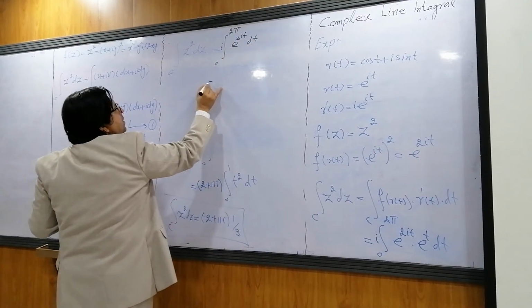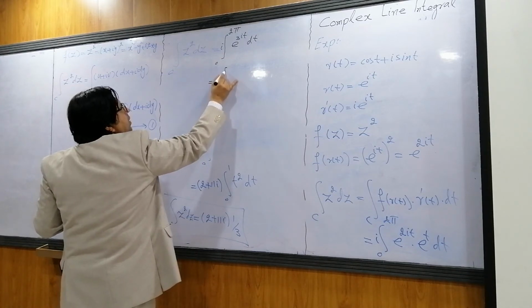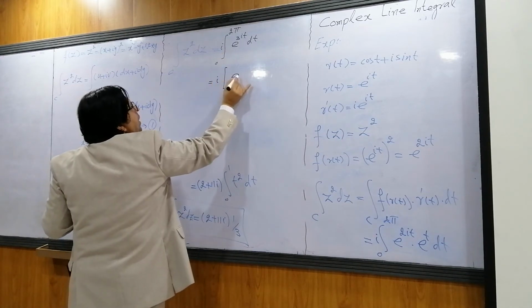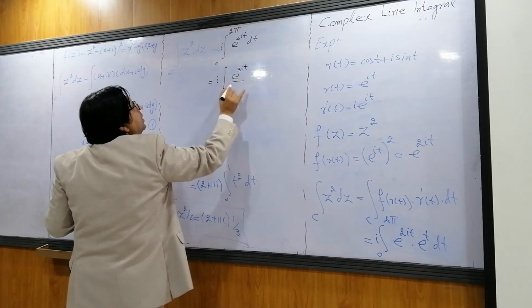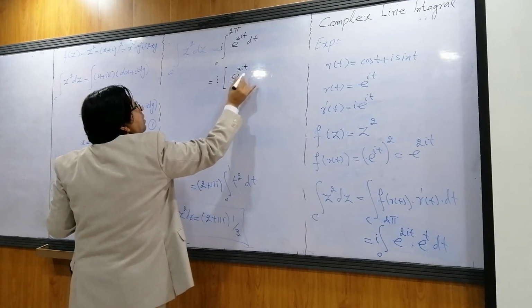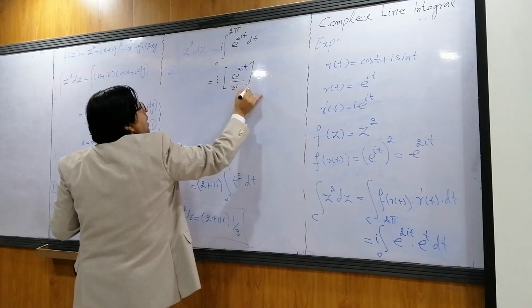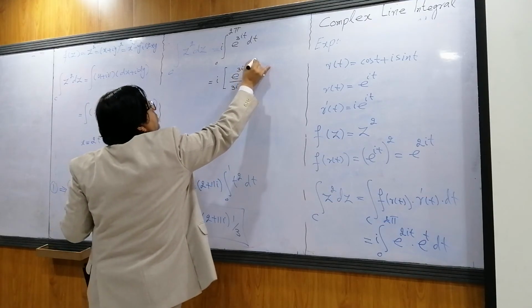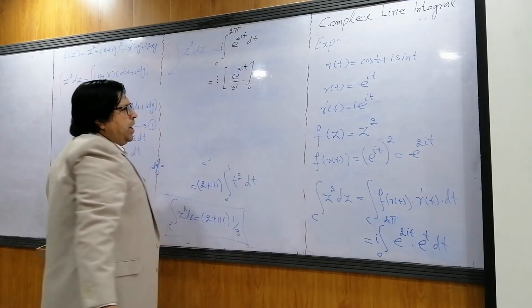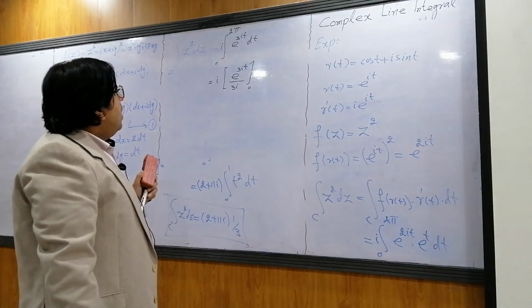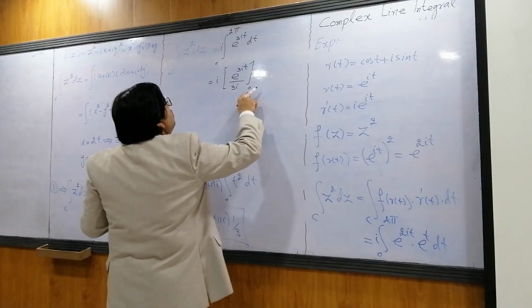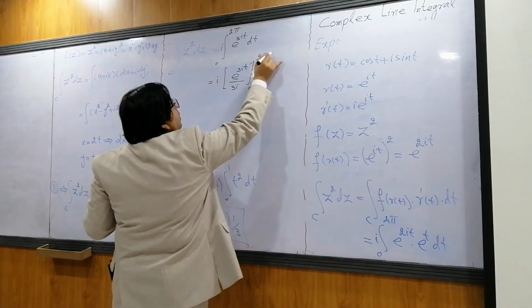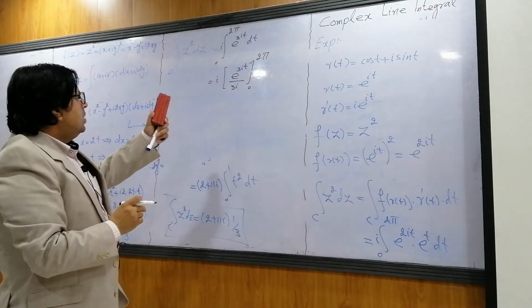Let us integrate this. We will get e power 3 iota t divided by 3 iota, and the integration is from 0 to 2 pi. Now just simplify this.